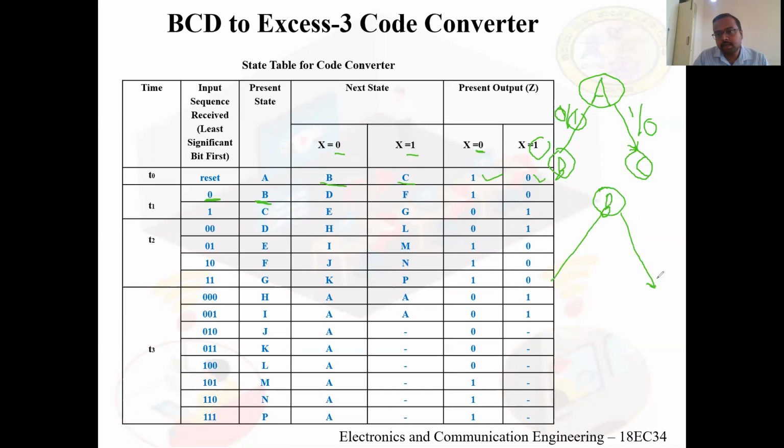We know that this is no carry, right? It's 0. So we have it as B1 plus 1. So it will go to the state B. And here what we have is F. Remember that one?